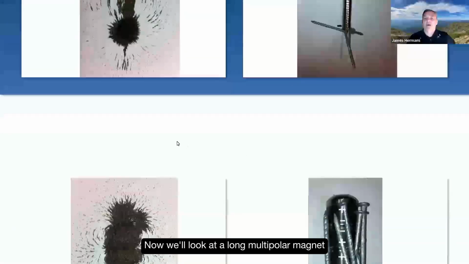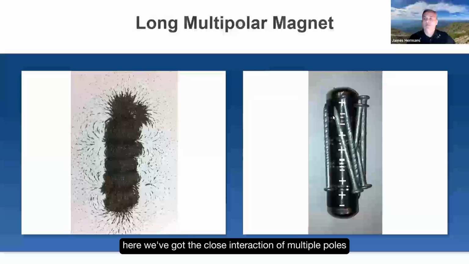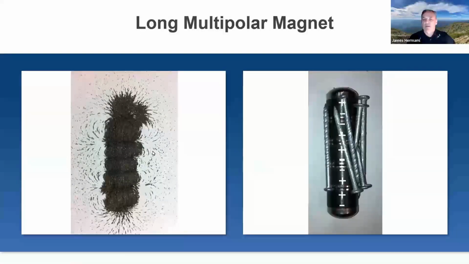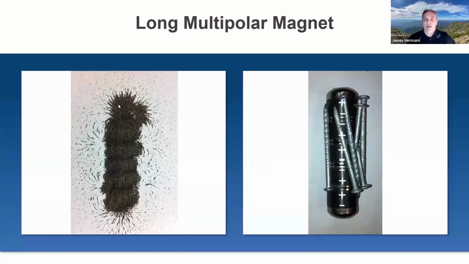Now we'll look at a long multipolar magnet. Here we've got the close interaction of multiple poles, and you can see the field lines from the iron filings are hemmed in really close to the shaft of the magnet, and there's very little magnetic field out at the ends.